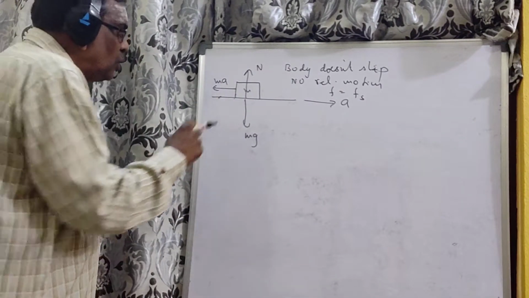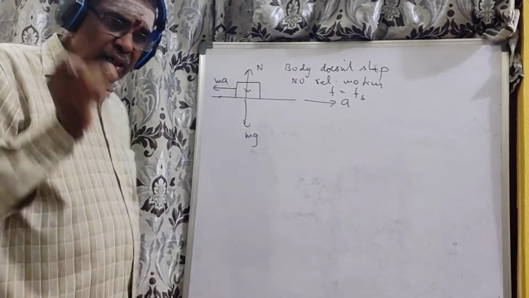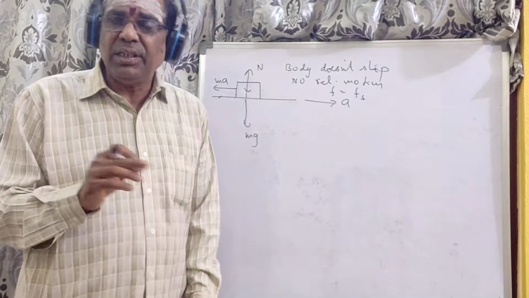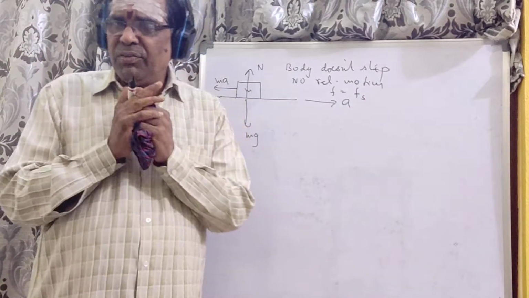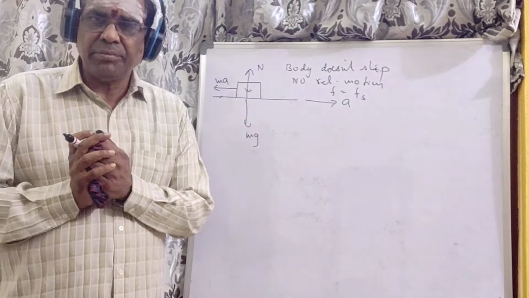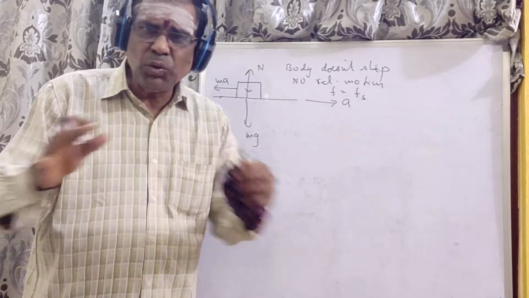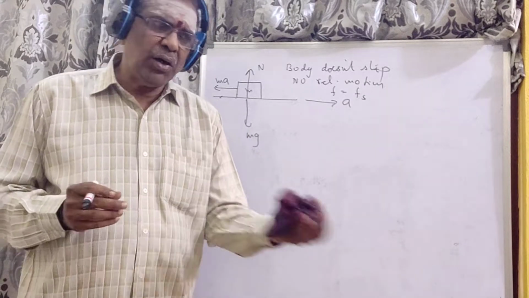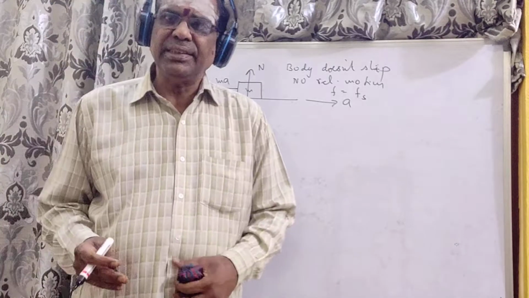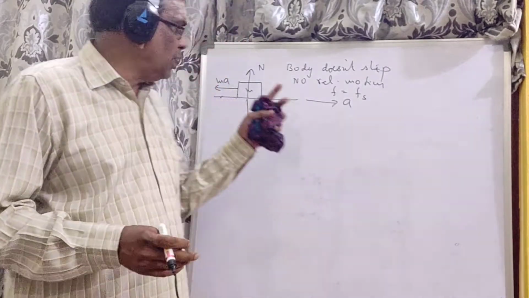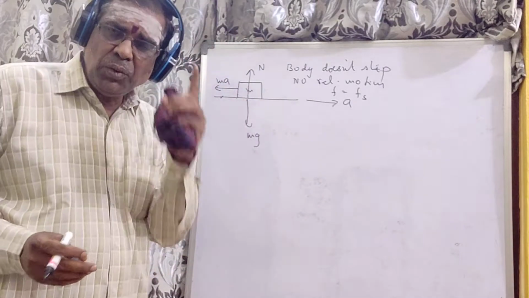So now the fundamental point is to find out the direction of the frictional force. I want you to never get confused with this. You don't have too many options. It's hardly an A or B type, 50-50 chance. Now you see how to get that.